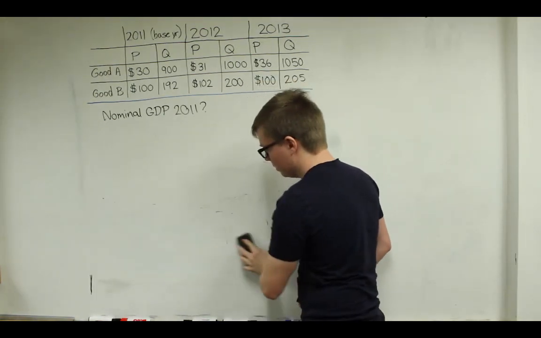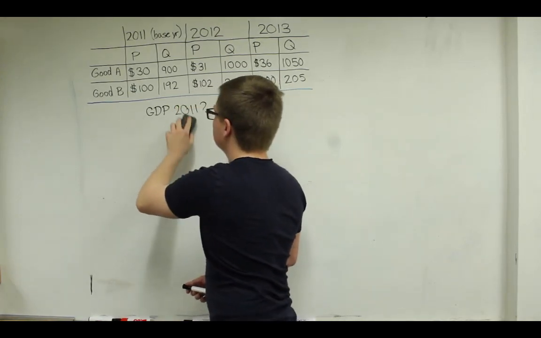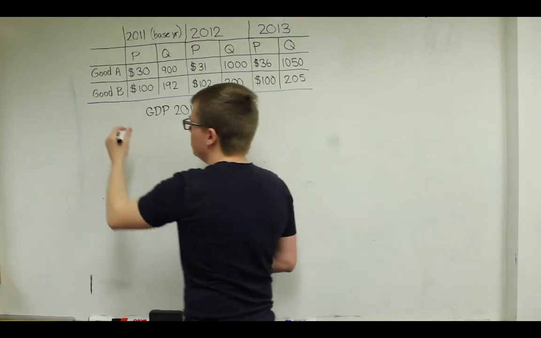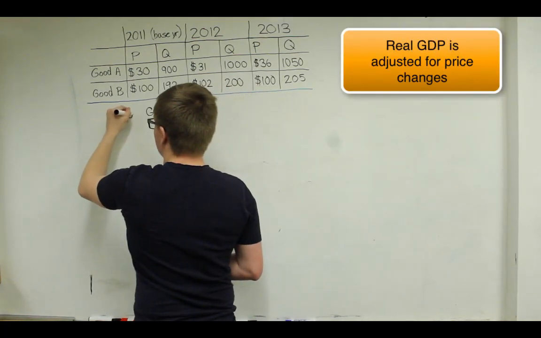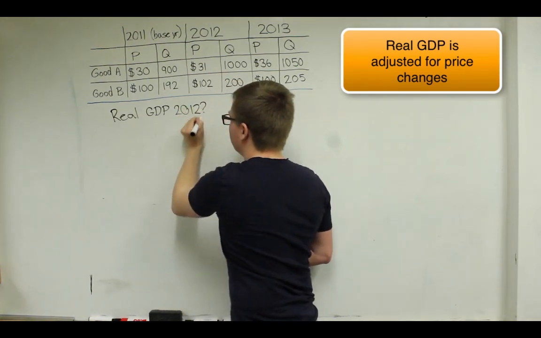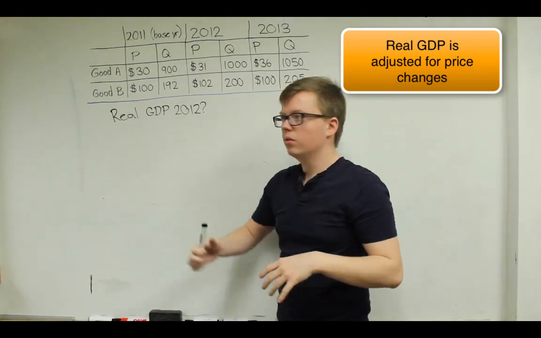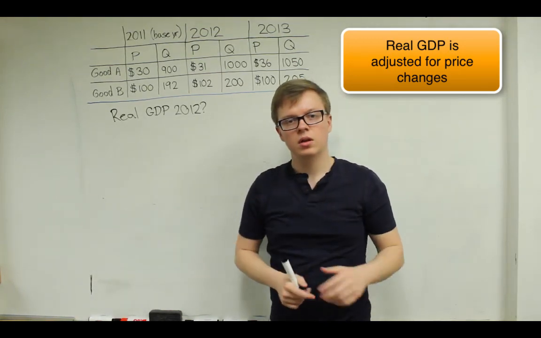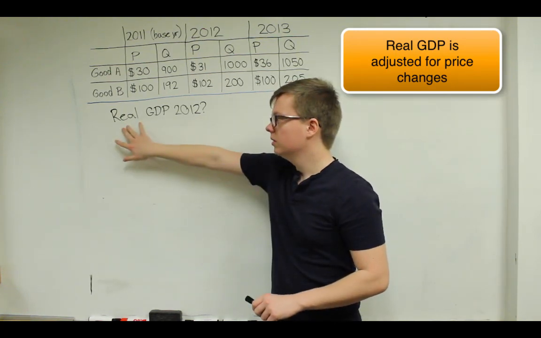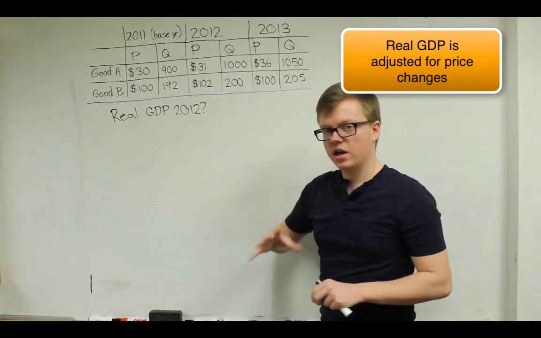Now we have another question we can ask using this chart. Let's say instead we want to find the real GDP in 2012. Whenever you hear the word real versus nominal in economics, real tries to get rid of the price factor.